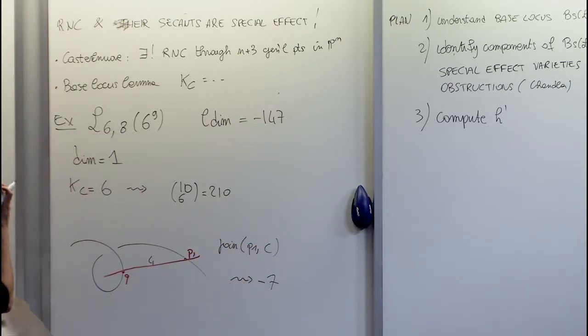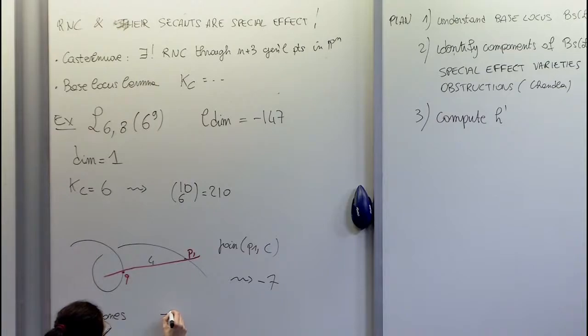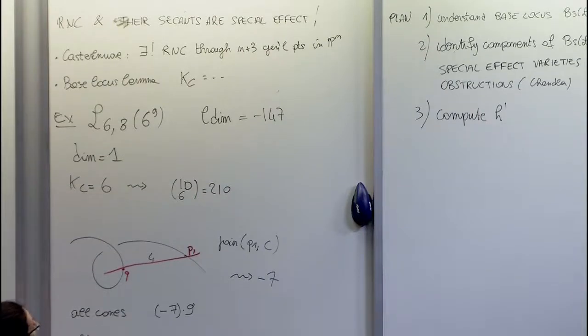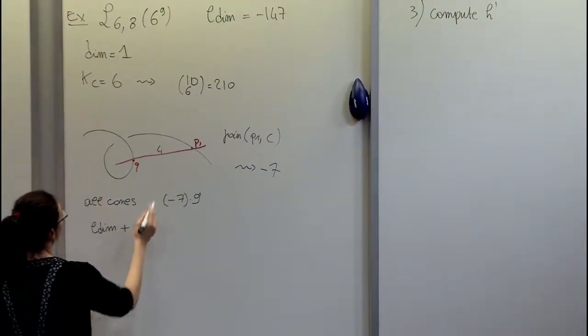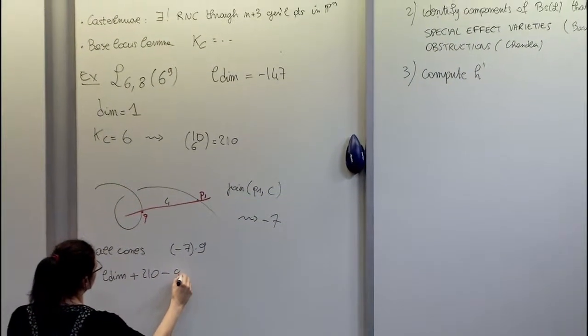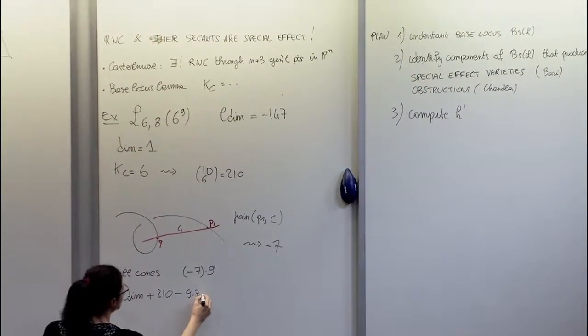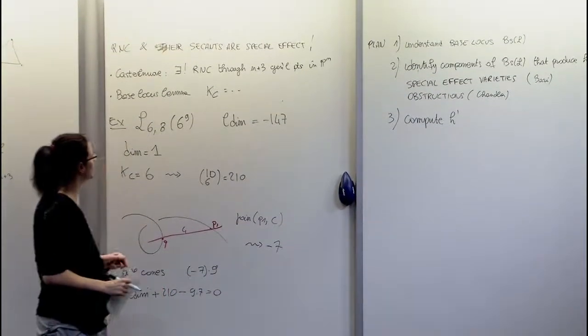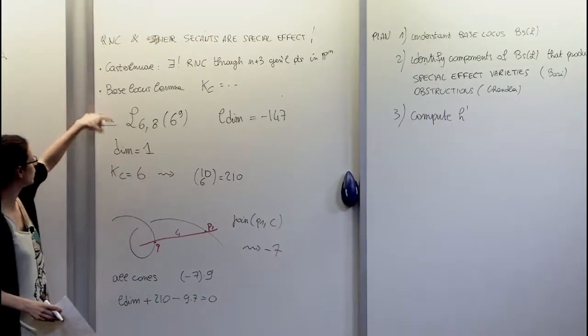So for all cones, I obtain minus 7 times 9. So just putting together all the numbers I have L dimension plus 210 minus 9 times 7, and this is 0. So yet I didn't solve my problem. I have to get to 1.